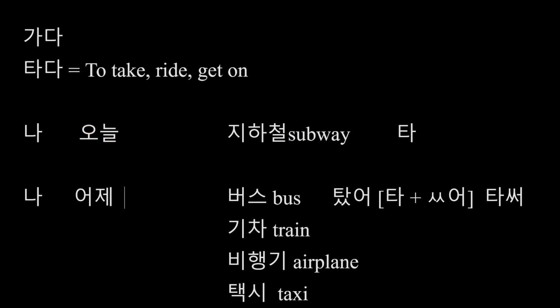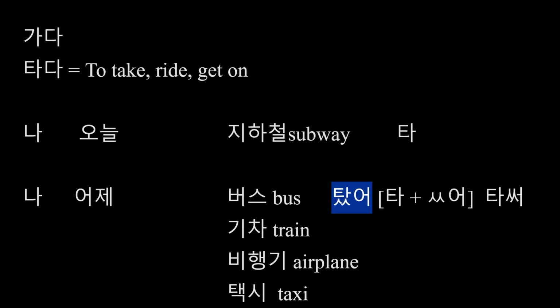And here, using this 타, we have 탔어. And 탔어, it's formed with this formula as we learned. 타 is the body, and plus 쌍시옷 어, and it becomes 탔어.